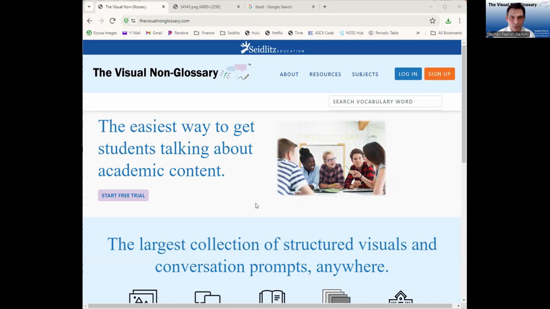And what makes it really unique is that it employs structured visuals, which are a new approach to engaging students in small group instruction, because structured visuals show students all of the information that they need in order to infer what a word means at deep levels and in relationship to other words as they're building academic language and building conceptual understanding of academic concepts. Let me show you an example.